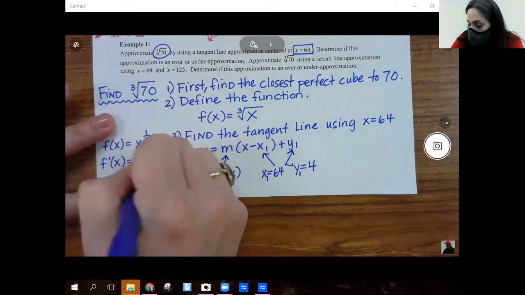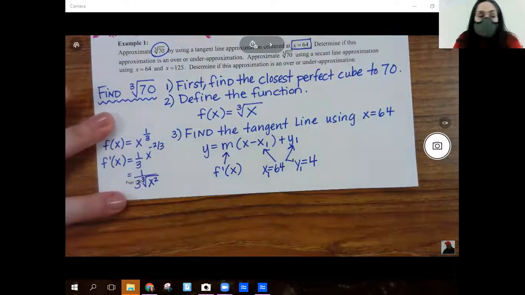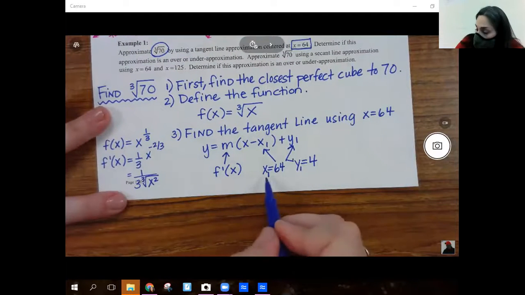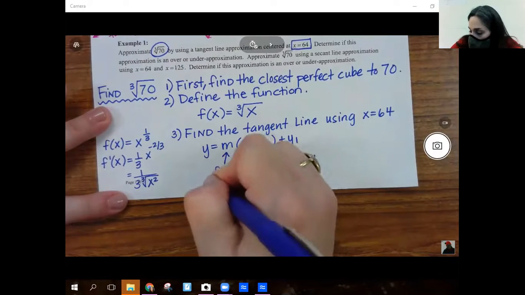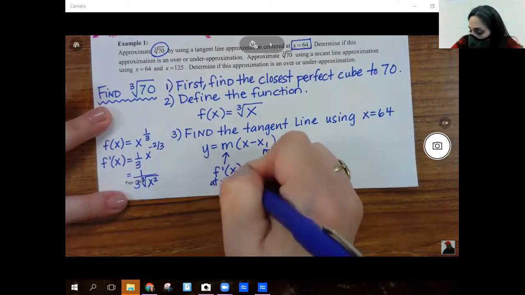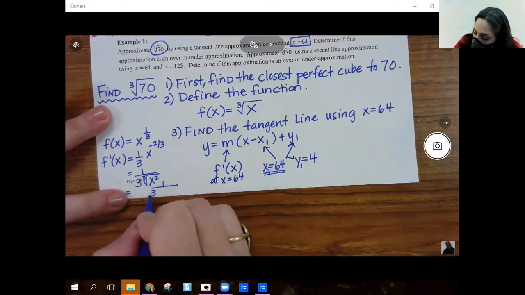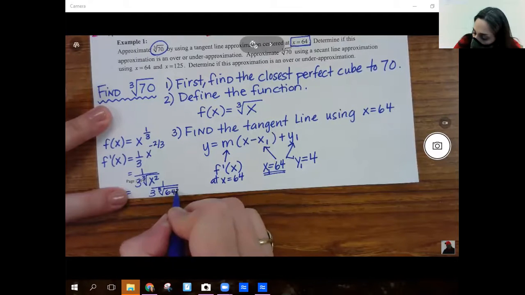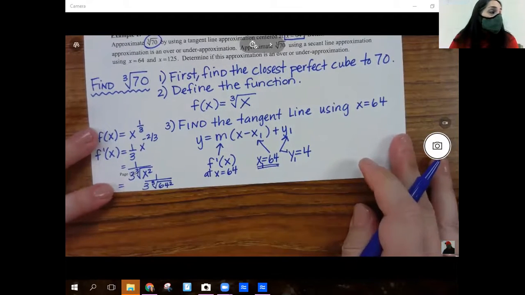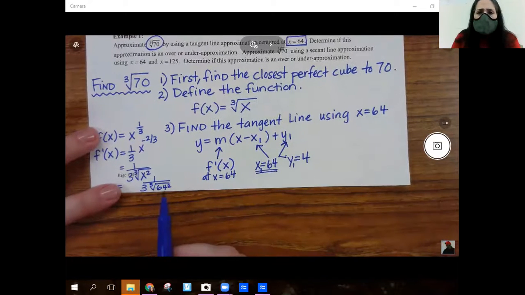So that would be 1 like this. Now, we are using an x value of 64, so that means you need to put a 64 in for your derivative also. So this will be 1/3 cube root of 64 squared. Now, yeah, we can still do this without a calculator. Don't do the squared part first.